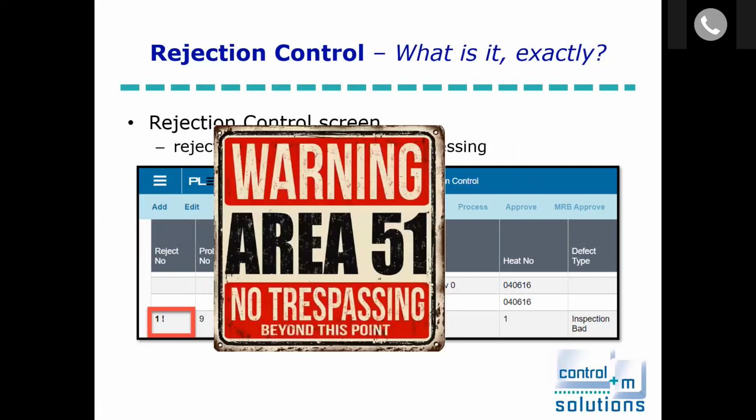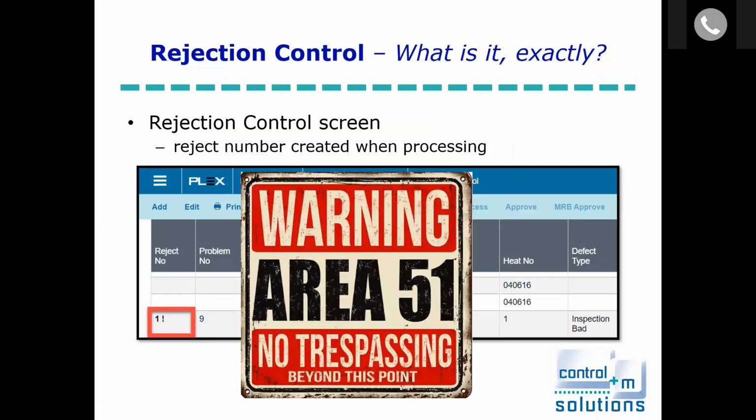And oftentimes this is where people stop with rejection control. They're like, nope, there's something really strange and weird going on in the system, and I don't want to do the investigation to see how to fix this thing. Well, fixing it is actually rather simple.